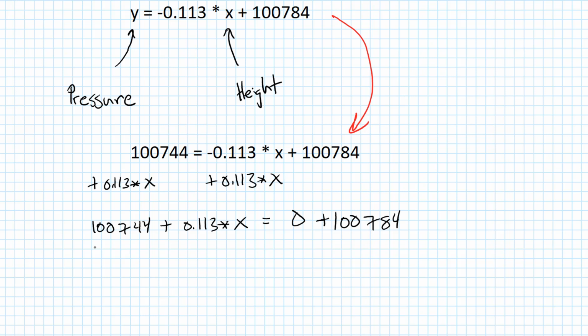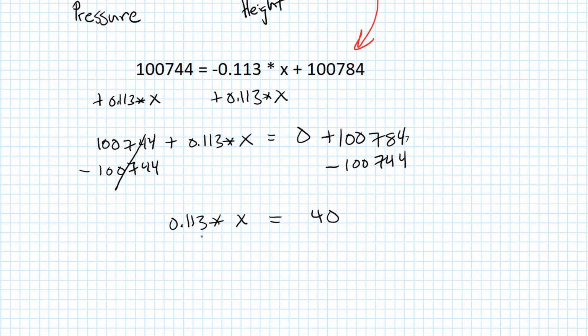Now I'm going to subtract 100,744 from both sides. And on the left side of my equation, I'm just left with 0.113 times x. We use that asterisk to indicate multiplication a lot of times when you're using a computer. And on the right side of this equation, that leaves me with 40.